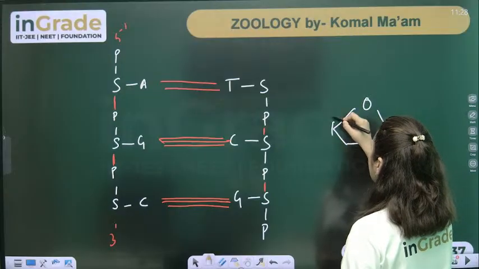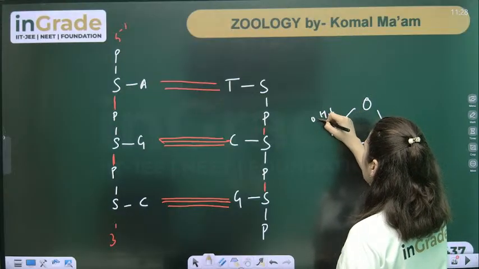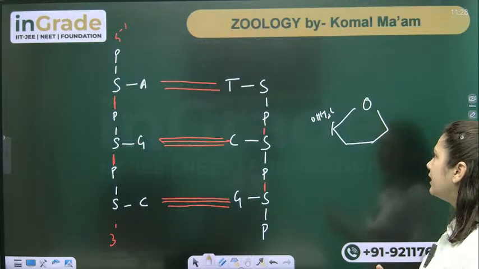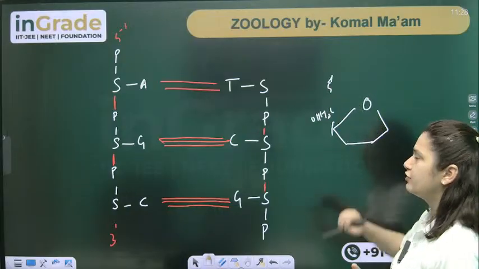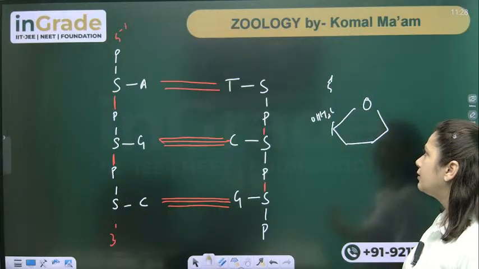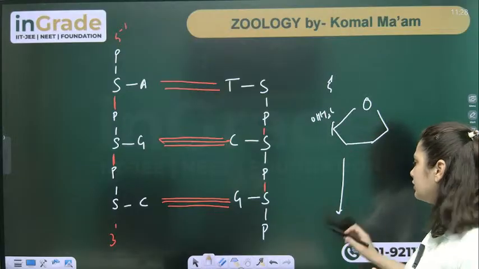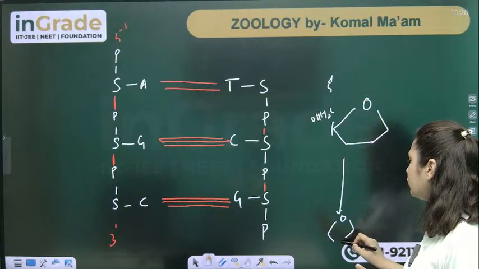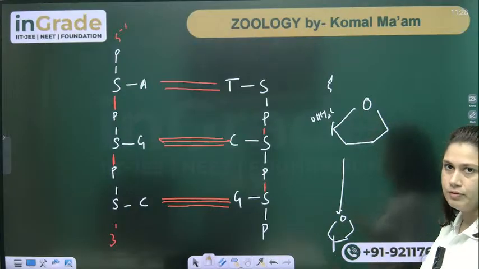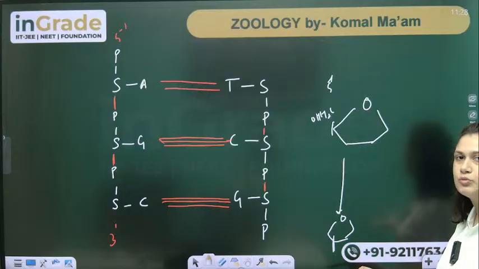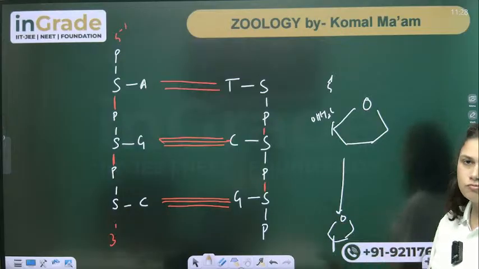If the 5 dash end of the sugar is free, that is, not attached with any phosphate, this will become your 5 dash end. And as we go down, in the last nucleotide, if the 3 dash carbon, the third carbon, is free, which is not attached with any phosphate, it will become the 3 dash end.